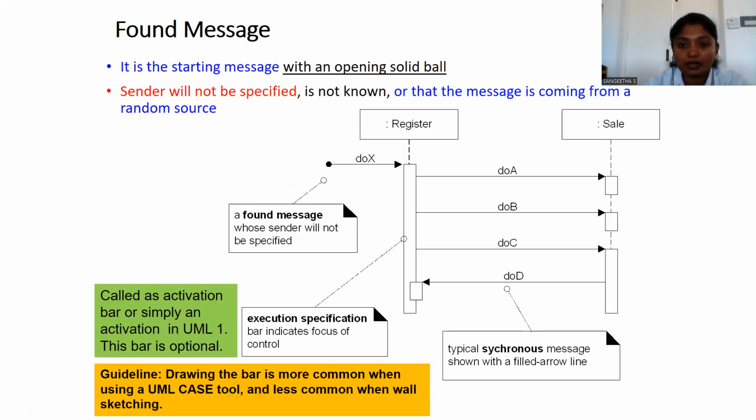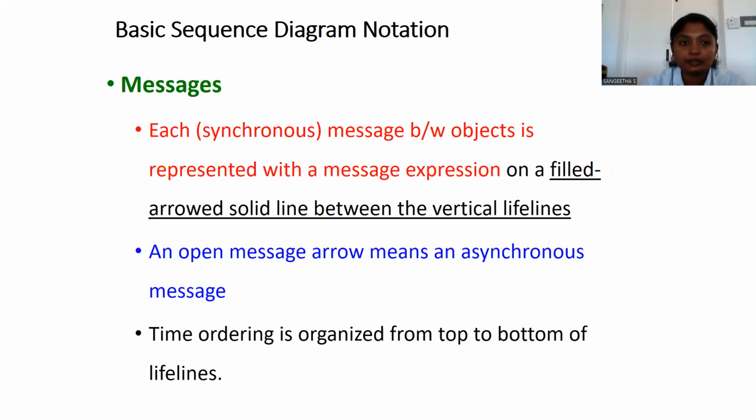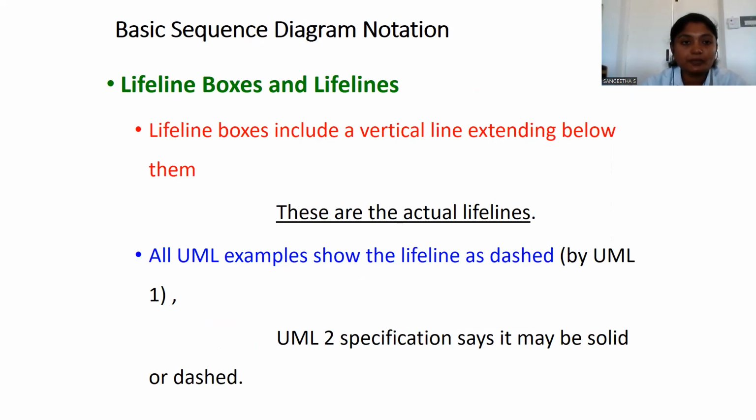And then lifeline boxes mean that for some period only the object will be active during its lifetime. If it is in an active state, the lifeline box will appear. If it is temporarily not active, the lifeline box will be terminated. This is the difference between lifeline and lifeline boxes.